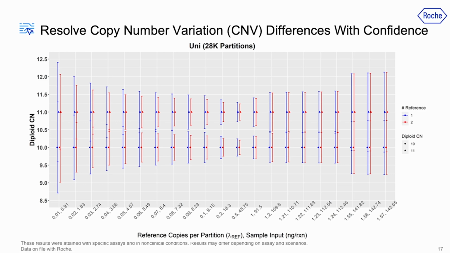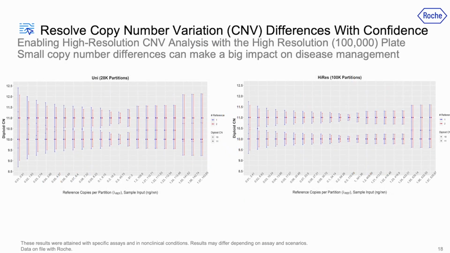Okay, so a very small interval where you have non-overlapping confidence intervals, which means that there's a capability of resolving 10 copies from 11 copies.